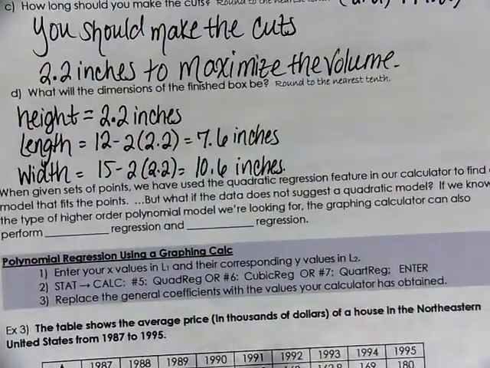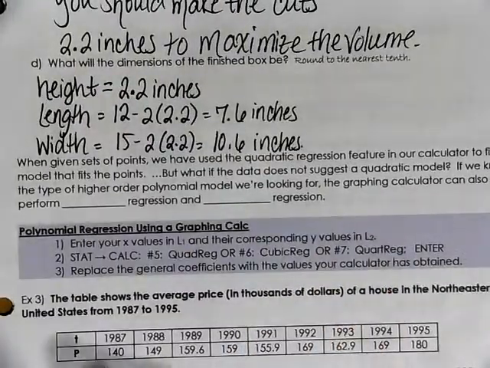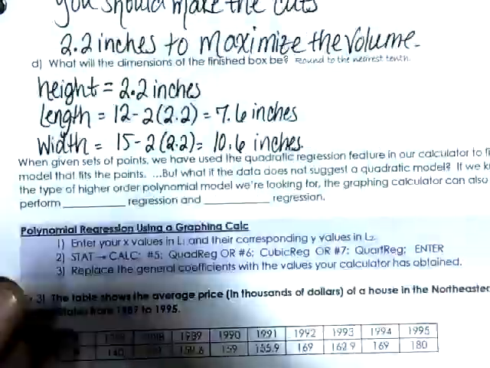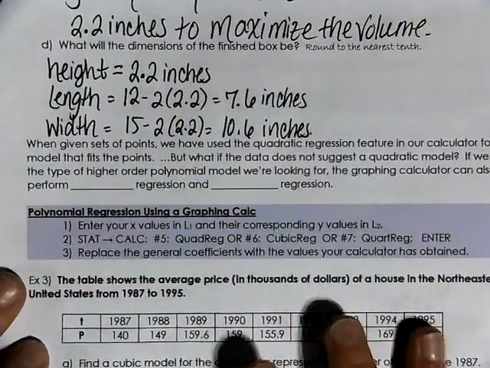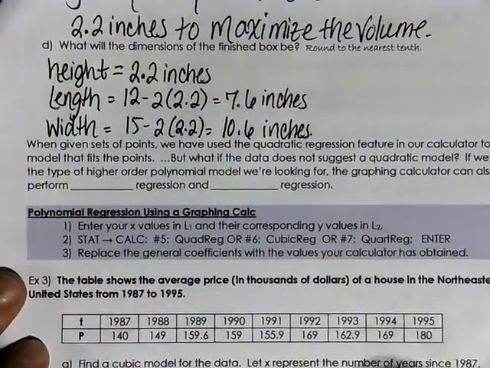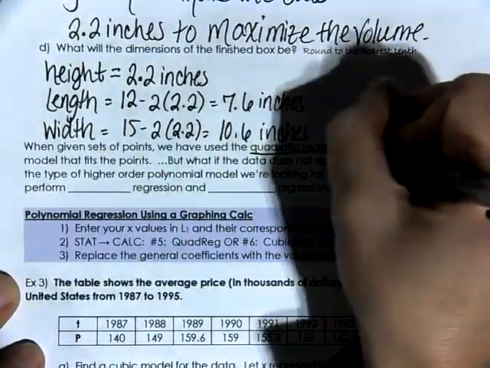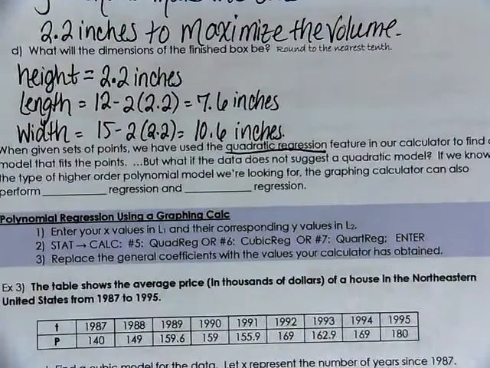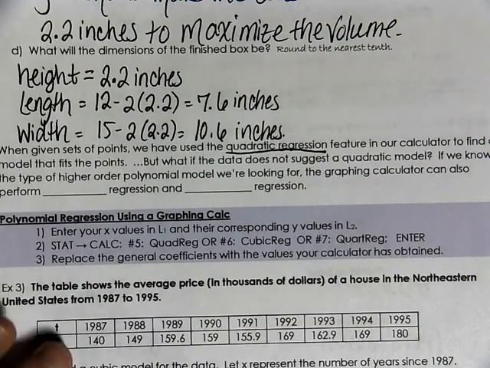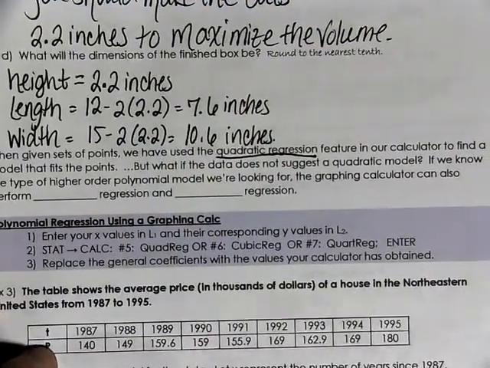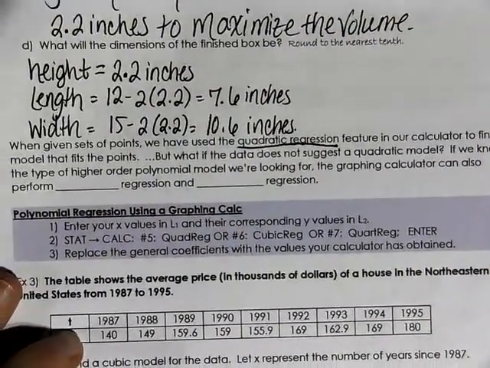So now we're going to transition. This was modeling, and now we're going to be heading into regression. When given a set of points, we have in the past used the quadratic regression feature. We've also learned before about linear regression, especially as discussed in Algebra 1. So we use the regression feature in our calculator to find a model that fits the points.